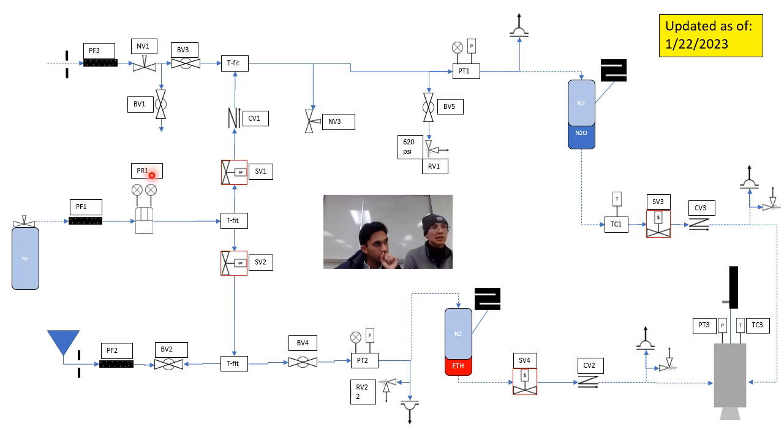850 PSI. The exact number of that needs to take into account the temperature of the day. And the reason is that we want to get to a pressure that nitrous oxide, at the temperature that it is outside, the ambient temperature, let's say it's 20, 25 degrees, will still be a liquid.